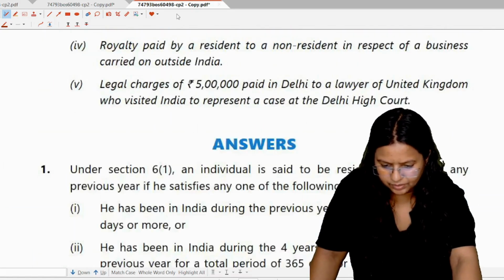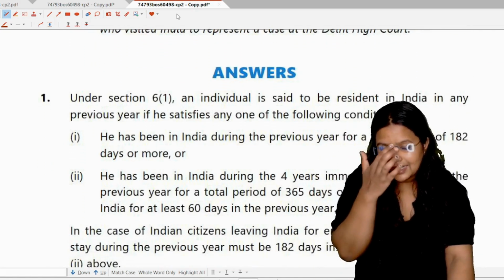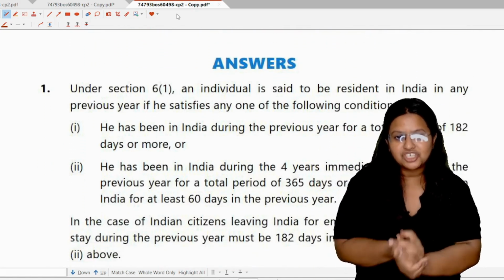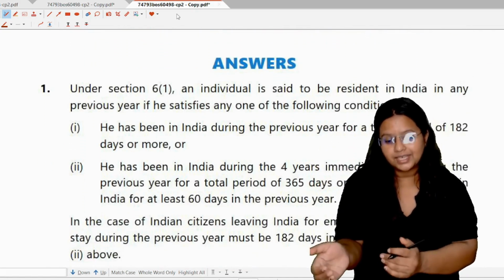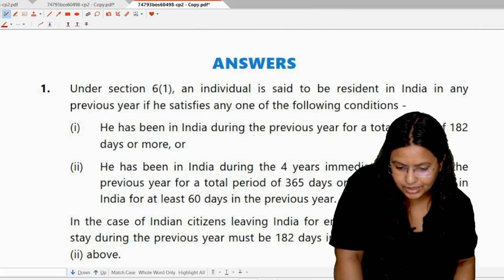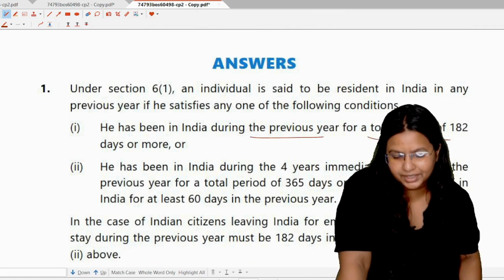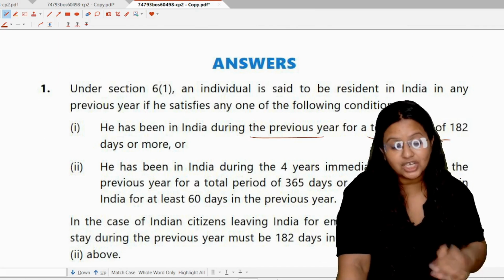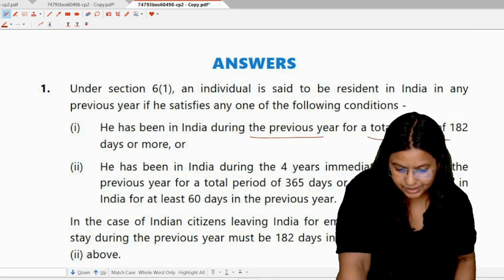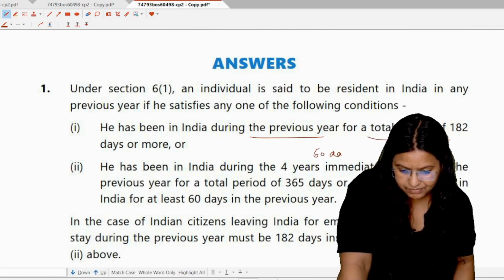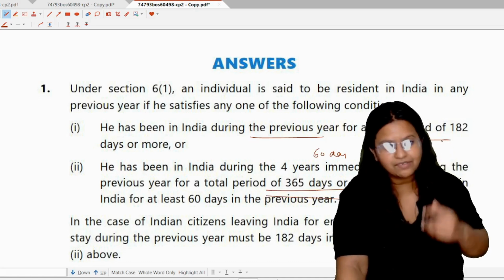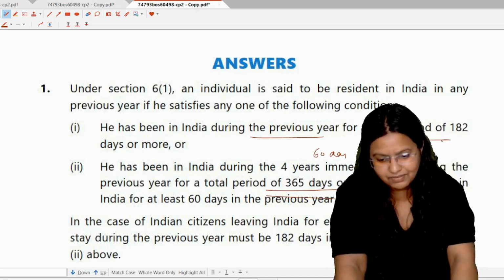Under section 6, subsection 1, what basic condition does a person have to satisfy to be a resident in India? He has been in India during the previous year for at least 182 days, or, if he does not satisfy this condition, he has been in India for at least 60 days in the previous year, plus 365 days or more in the 4 years preceding the previous year.